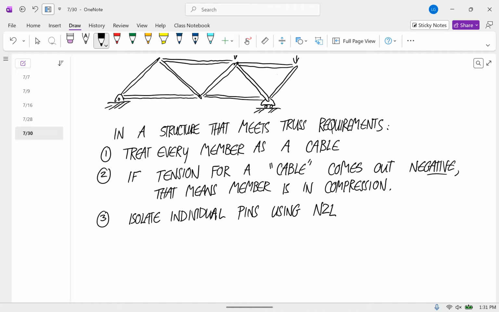And the reason we're not going to use the moment equation, so I'll say Newton's second law only, we're not going to use the moment equation, is because we're thinking of these pins as particles. And remember, when we did particle statics, we didn't use the moment equation.